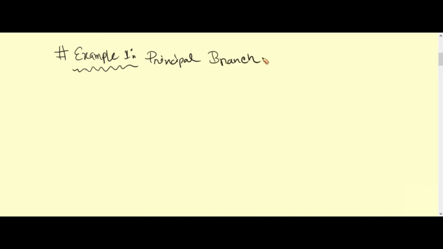So let's first start with our example 1. So recall that the principal branch for the log function was defined as log of z equals ln r plus i theta.